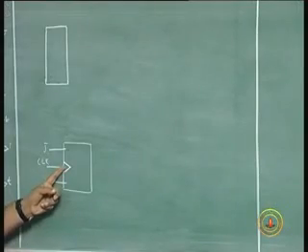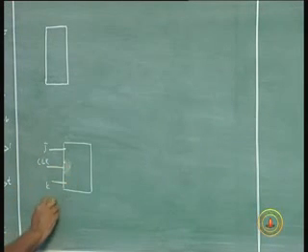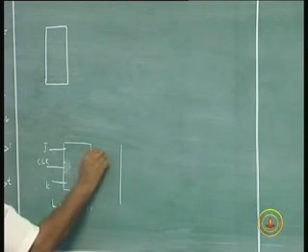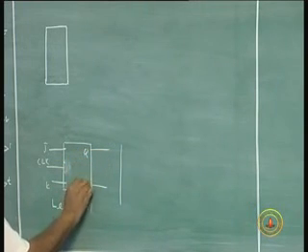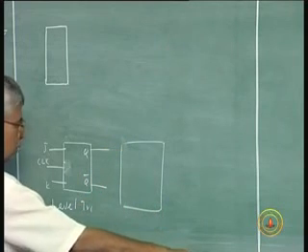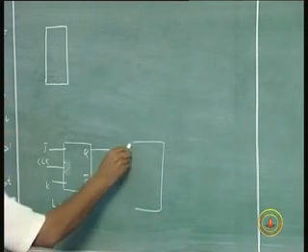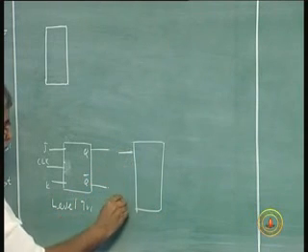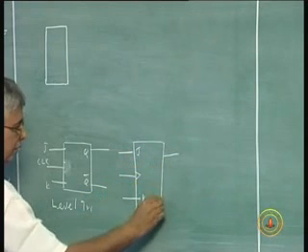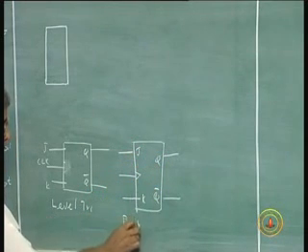If you put like this, a positive edge triggering. So this is level triggering. You put like this, it is edge triggering, positive edge triggering.